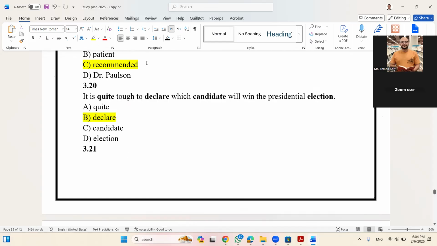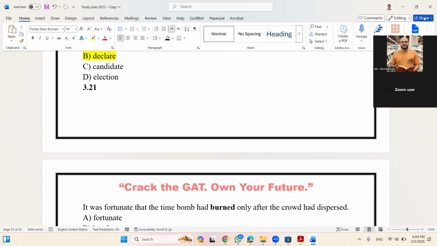It's about an election, and it's really hard to decide which candidate. So decide is good, and expect or predict. Clear? It's quite tough to predict which candidate will win the presidential election. Not declare. Declare means when you explicitly state something.